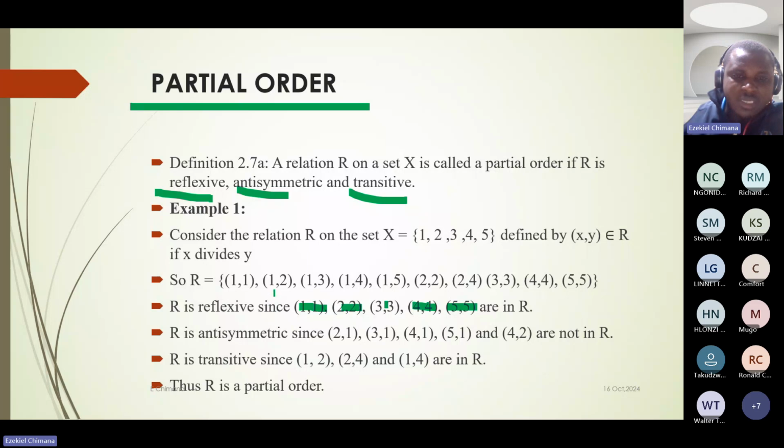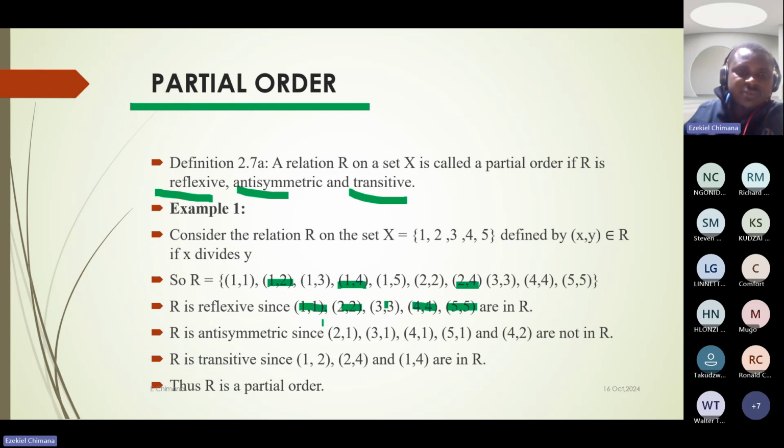Why is this one a transitive relation? Because we're saying we have (1,2), and (2,4), and (1,4). Then we are saying this is a transitive relation.